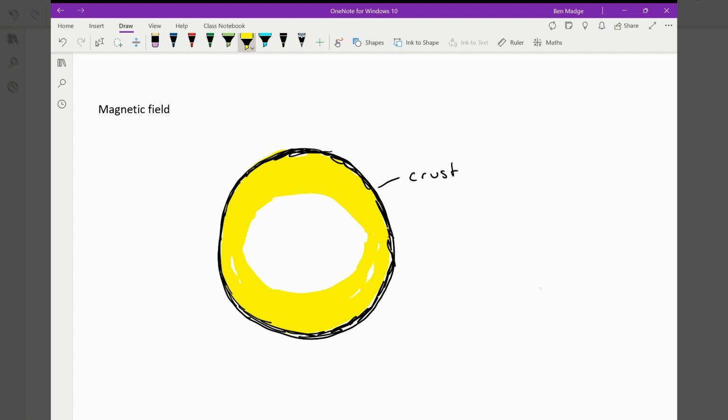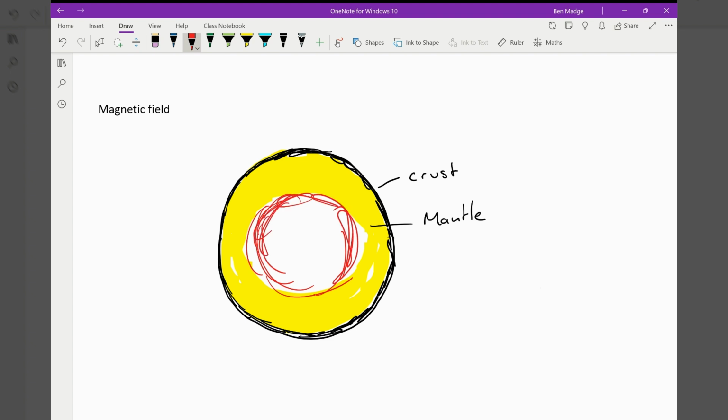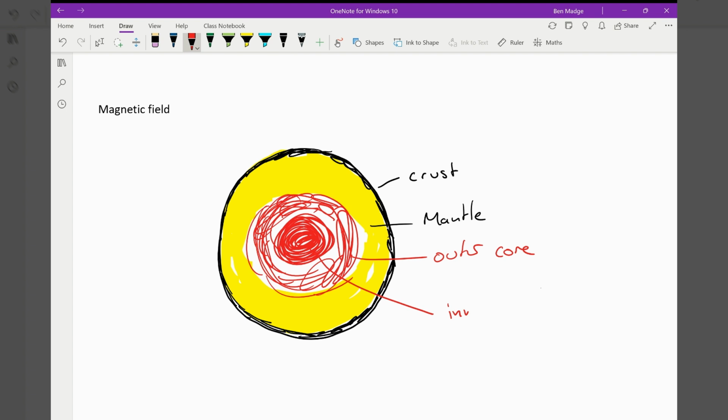So that is our mantle. And within that, you have the core, which is divided into an outer core, which is actually moving around. Okay, and then inside of that you have our inner core, which is so heavily compressed that it can't really move and it's practically solid.